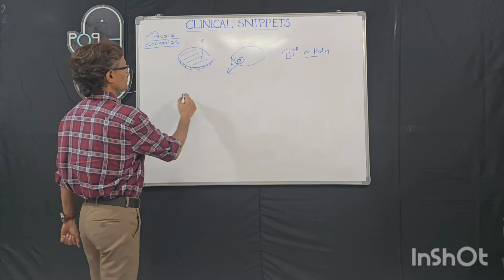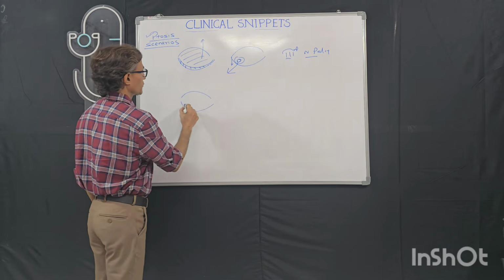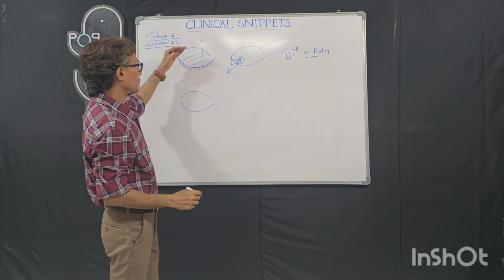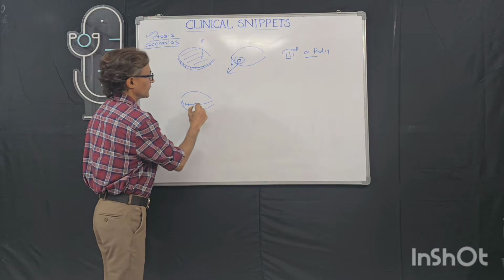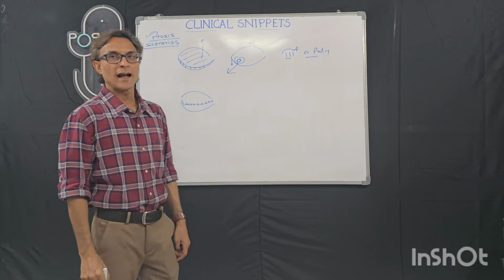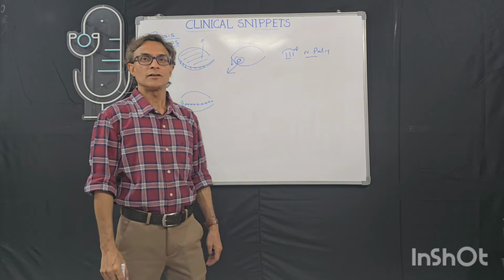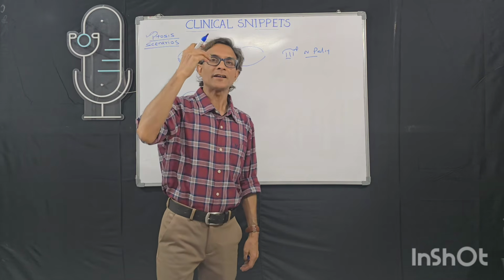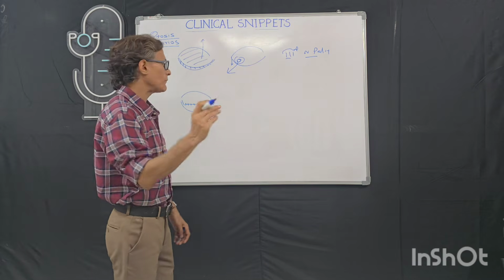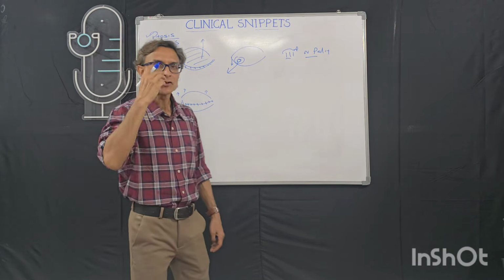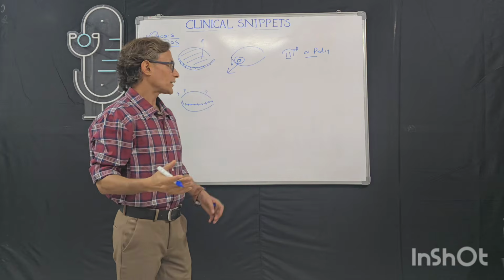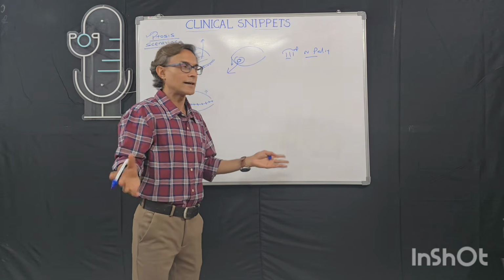Second scenario, there was ptosis but not complete ptosis, drooping of the eyelid present, and if the patient is asked to try to compensate, try to elevate the eyelid, there is some amount of power. The patient is trying his best to elevate, but still plus minus getting elevated or not.